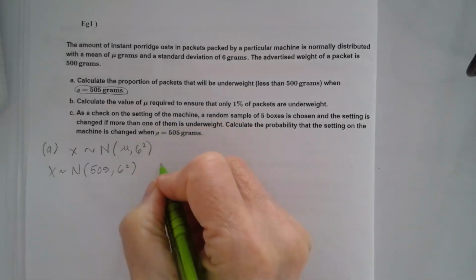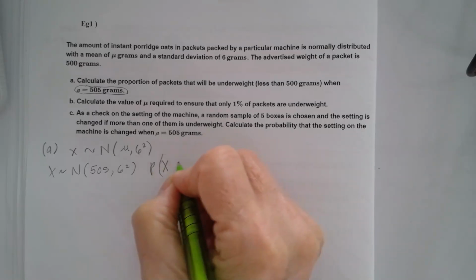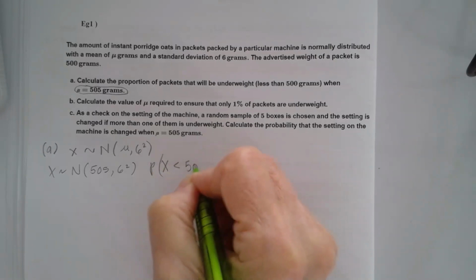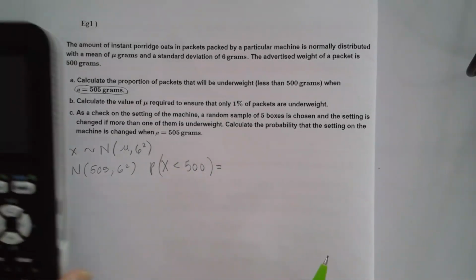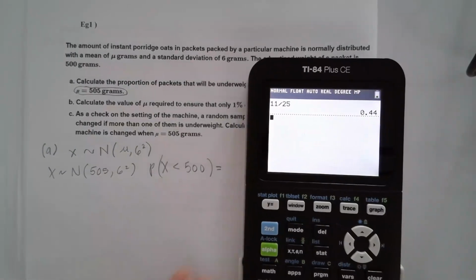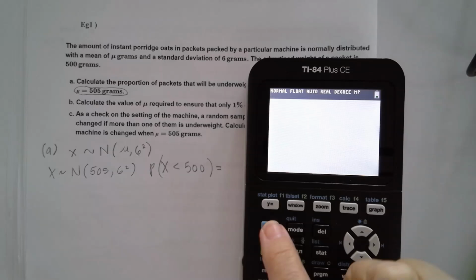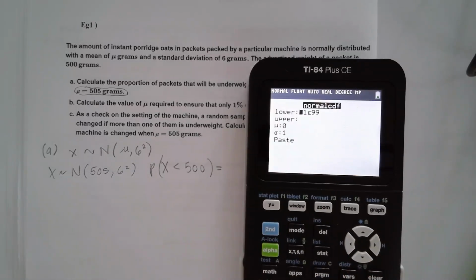Okay, and so I go, the probability that X is less than 500 is equal to, and then I'm going to grab my calculator. And go second distr, normal CDF.